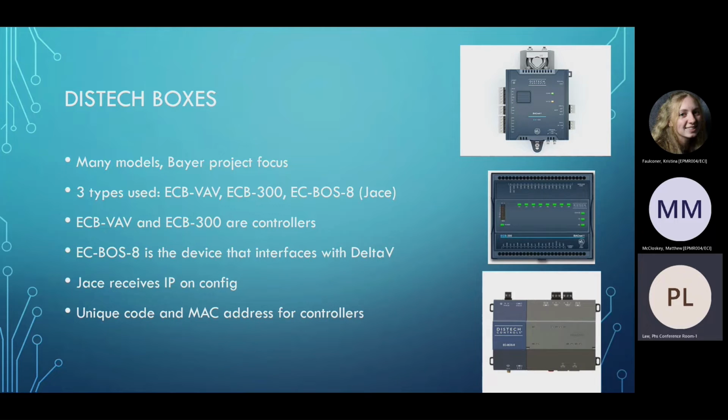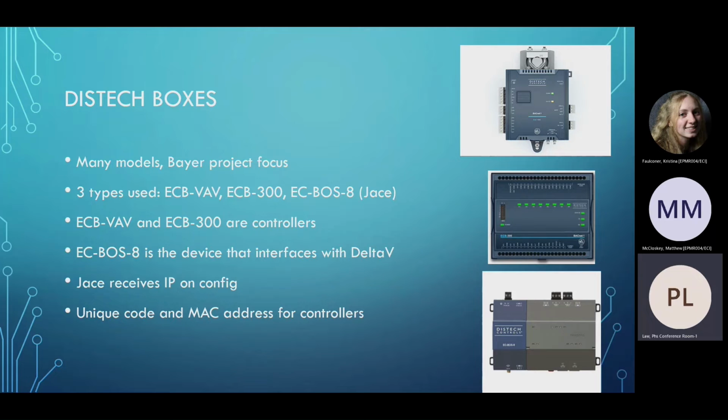These are the actual things with the pins that will be receiving and sending electrical signals to and from field devices. And the EC Boss 8, or the JACE, is the device that interfaces with Delta V specifically and has the ability to convert different communication protocols to whatever we need.